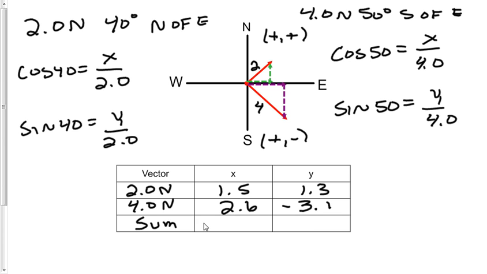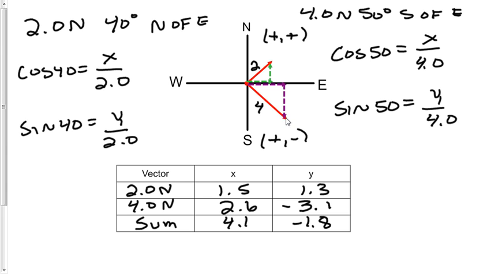Our next step then is to sum the x values and the y values. 1.5 plus 2.6 is equal to 4.1. 1.3 plus a negative 3.1 is a negative 1.8. Now the sums are equal to the x and y components of the resultant vector.